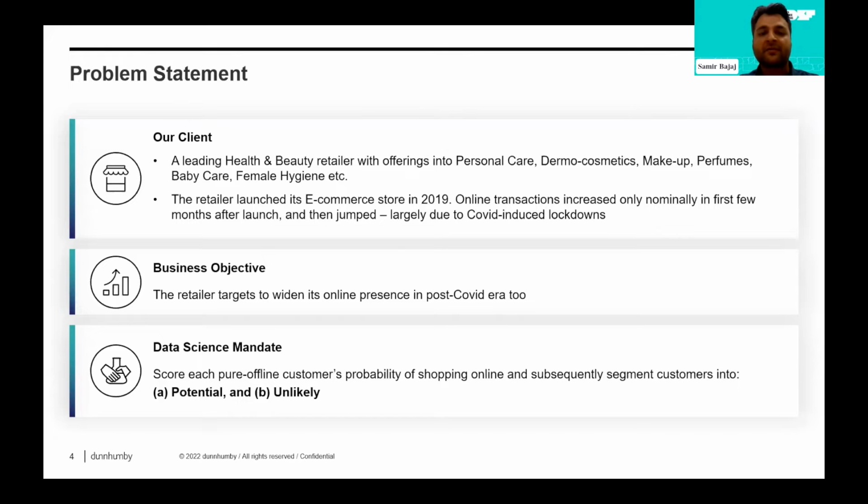And by online here, we mean the retailer's e-commerce portal. Once we have scored each customer by this probability, we will segment those customers into two groups. The first group will be the potential, which can be nudged to shop online with minimal acquisition cost. And the unlikely group will be that which can be ignored during the target campaign.